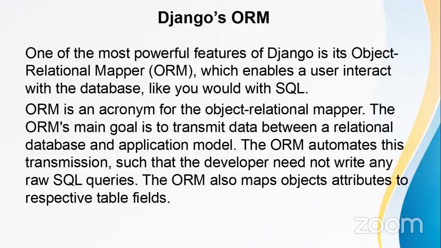If this sounds strange to you, just bear with me. We will understand it the more we go. Just put it at the back of your mind that Django offers an object relational mapper that allows us to transmit data between a relational database and an application model without having to write raw SQL queries. So we can query our database without writing any SQL query at all.